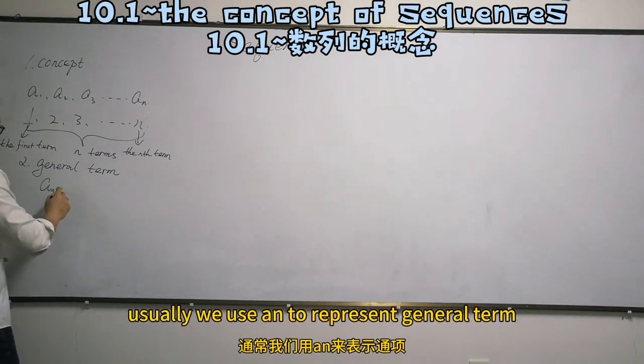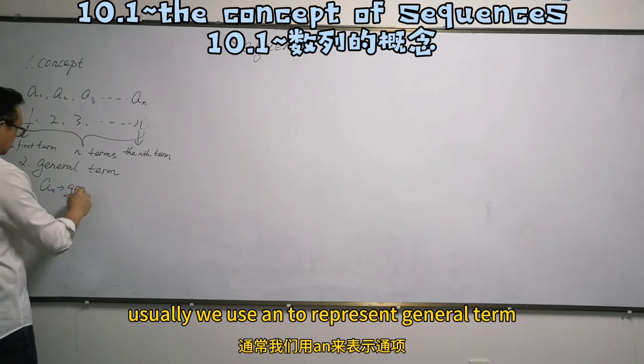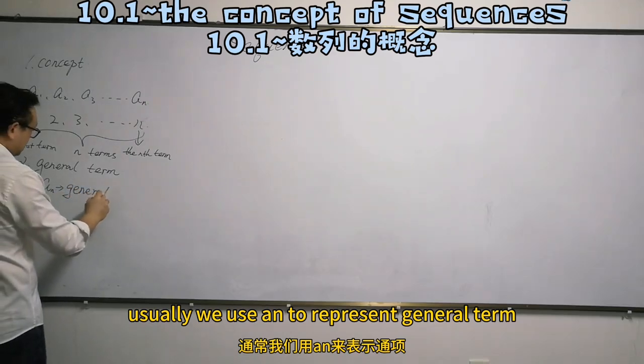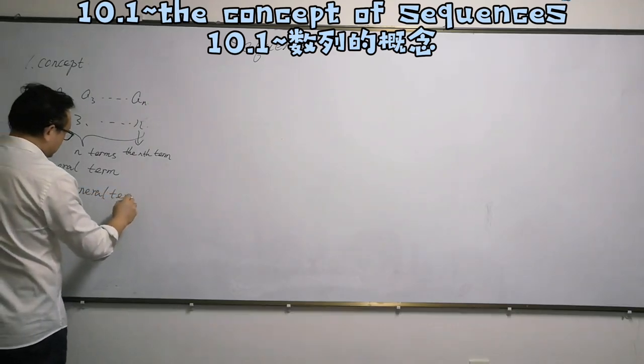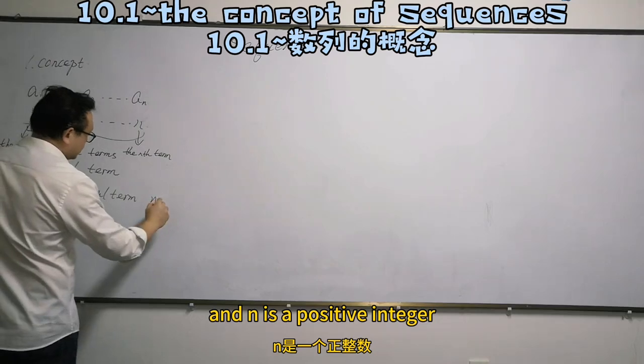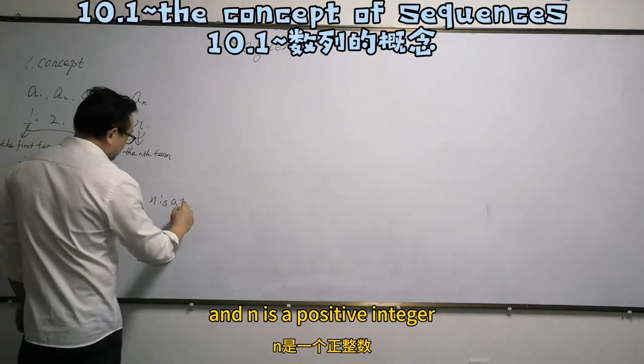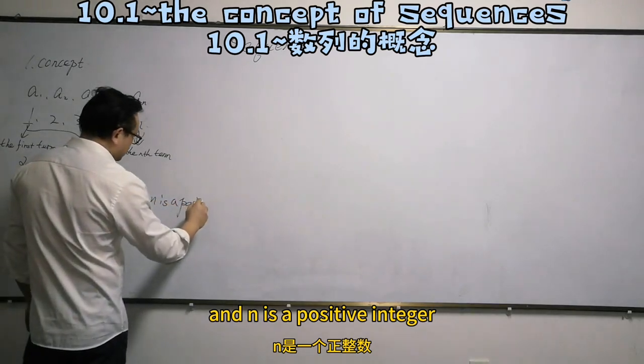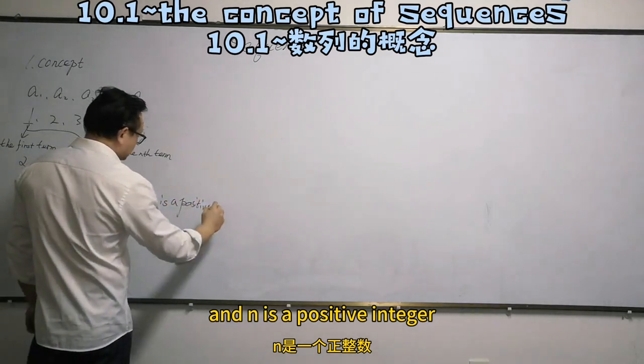Usually we use an to represent general term, and n is a positive integer.